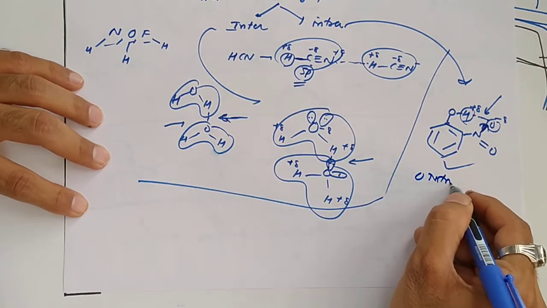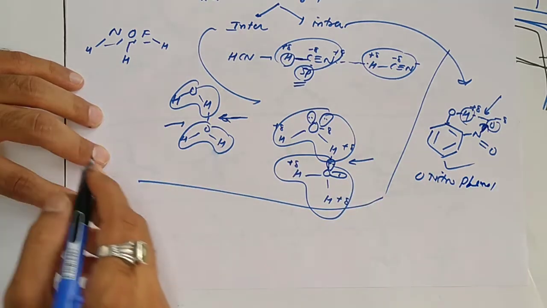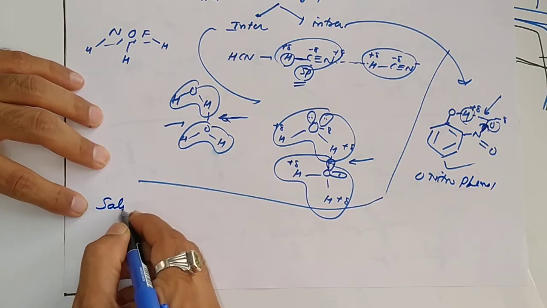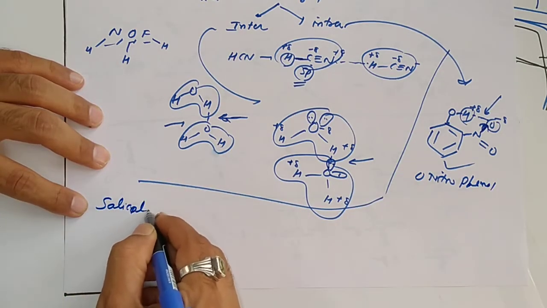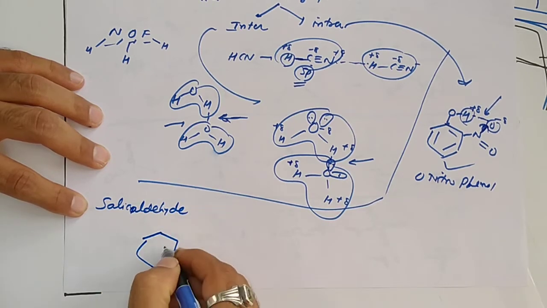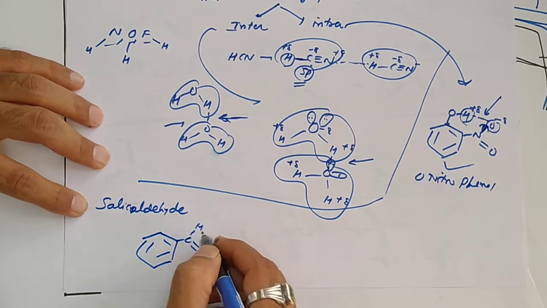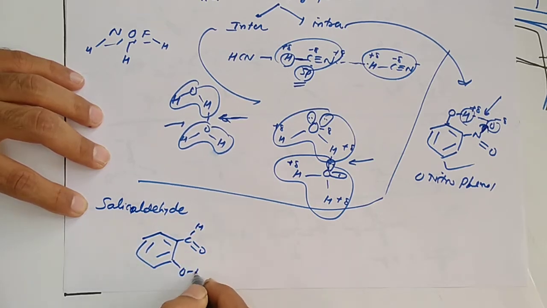Orthonitrophenol. This one is orthonitrophenol. Then salicylaldehyde. Here is COOH, here is OH, so the hydrogen bond occurs between oxygen and hydrogen.